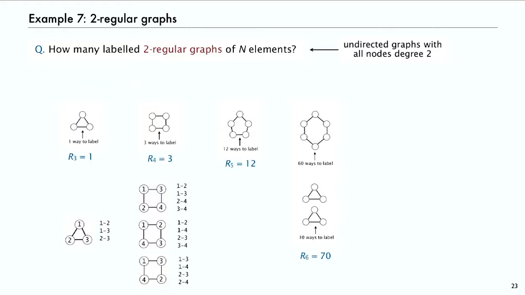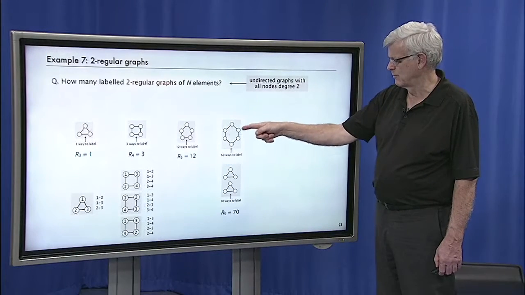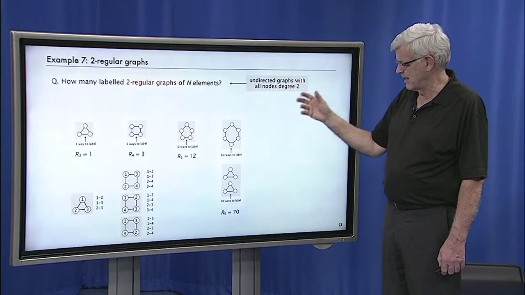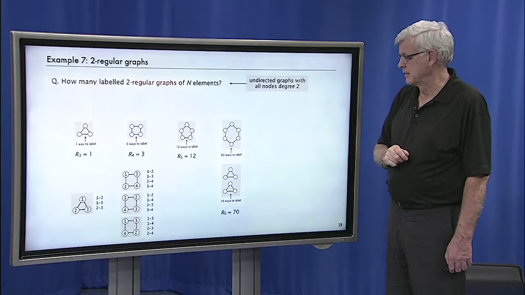For 6 now, you could have the 6-node graph, and again, 60 ways to label that, or you could have 2 3-node graphs, and that would work fine. So there's actually 70 different 6-node graphs. That's with sets of 1, 2, 3, 4, 5, 6 edges that every node has degree 2. There's 70 of them.